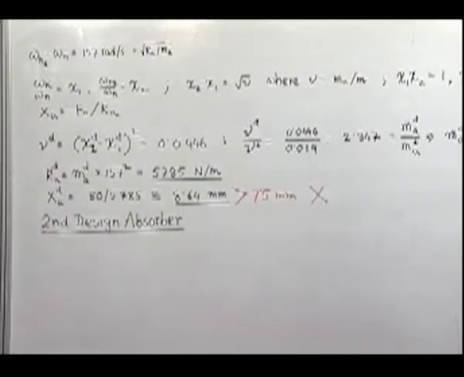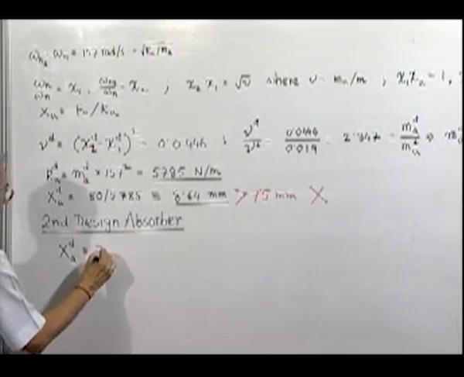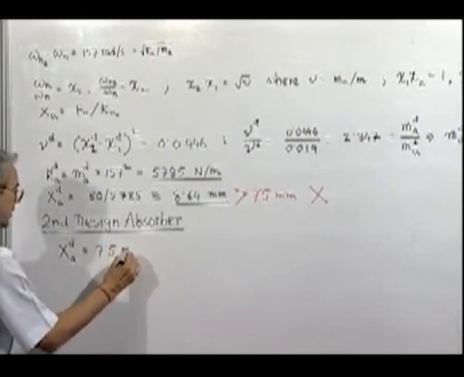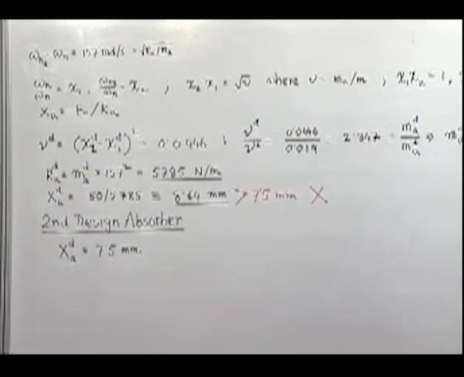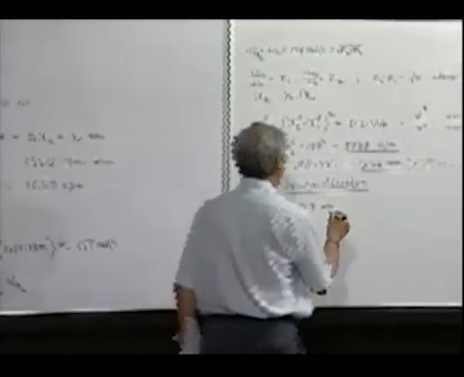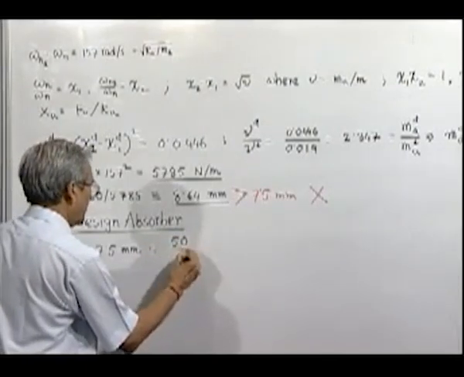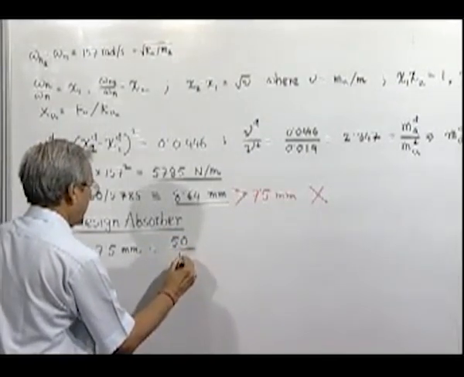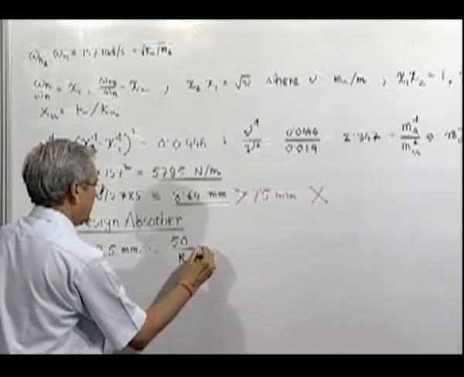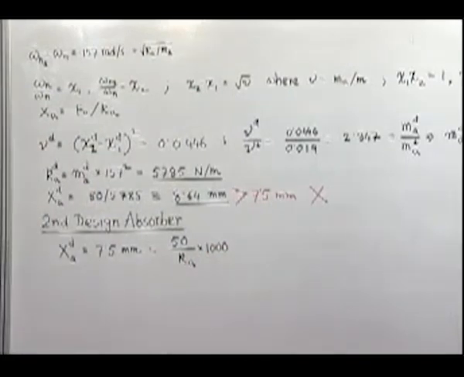So now let us start designing the absorber starting from the rattle space condition. That means let x a d be exactly equal to 7.5 millimeter. Now, with a 50 Newton force, this is nothing but 50 by K A into 1000, where K is in Newton per millimeter.